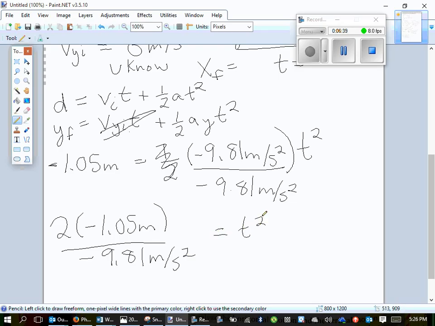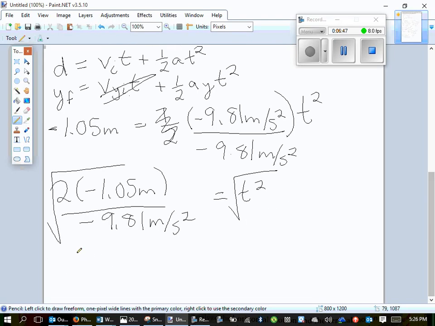To get time by itself, we are going to square root both sides. Just rewriting in the opposite order, we would get time is equal to the square root of 2 times negative 1.05 divided by negative 9.81.